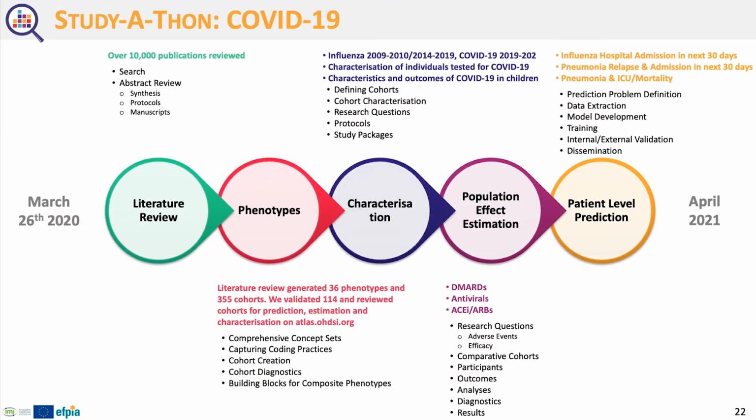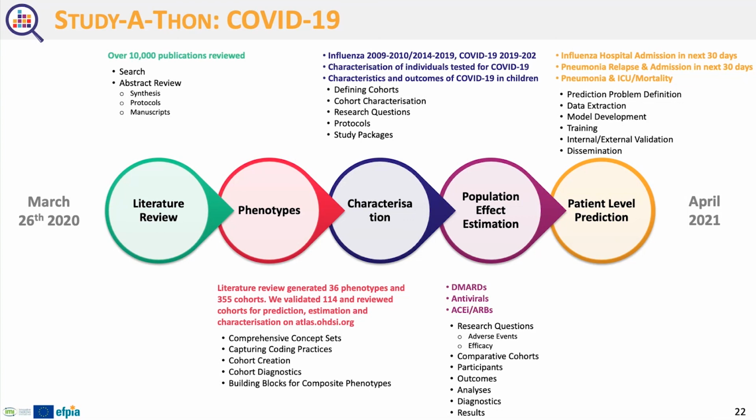Certainly, the last year has given us all huge challenges, but one of the hugely positive things that came out of it was EHDEN and Odyssey's ability to consider research questions surrounding COVID-19. The study-a-thon that started in March last year has continued to generate work that continues to be ongoing. Now we're in April 2021.